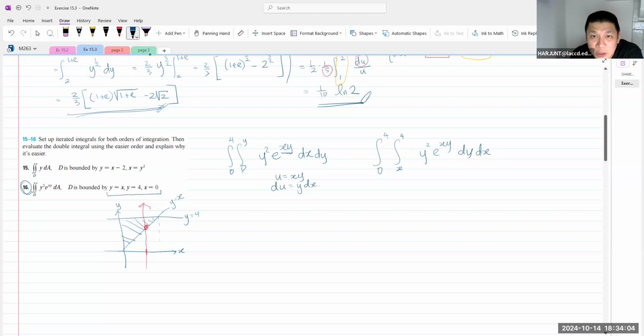The limits of integration: u at 0 will be 0, u at y will be y squared. So now the integral will be from 0 to 4, integral from 0 to y squared, y e to the u du dy.